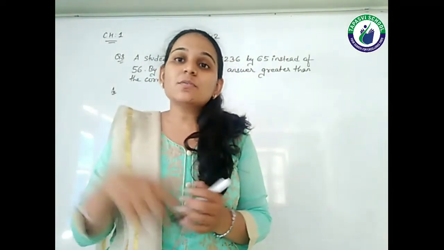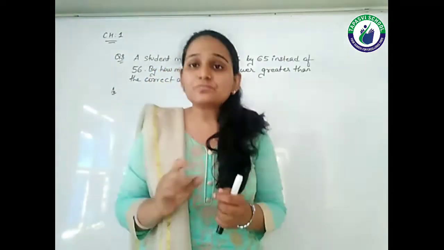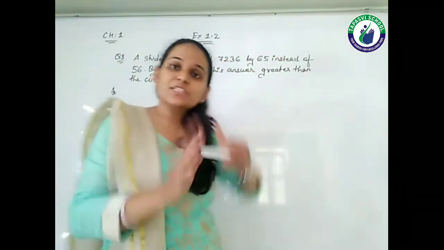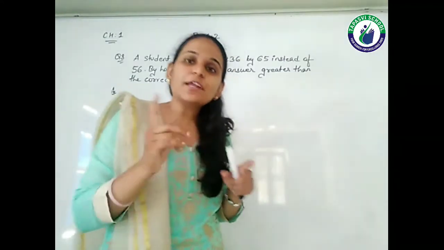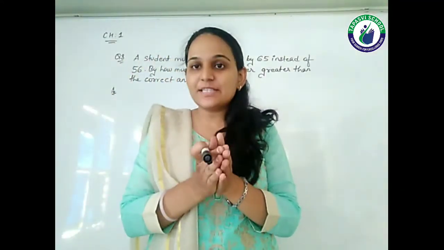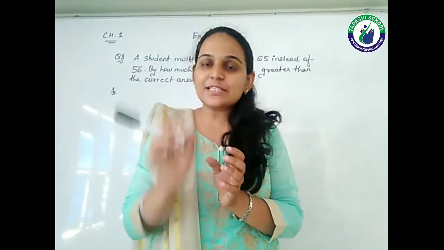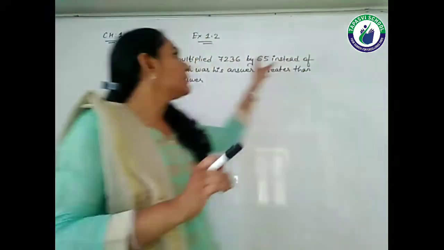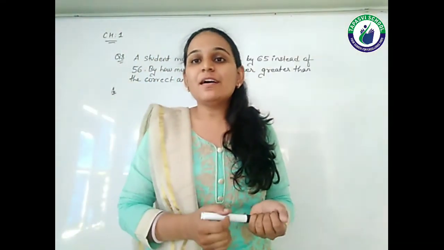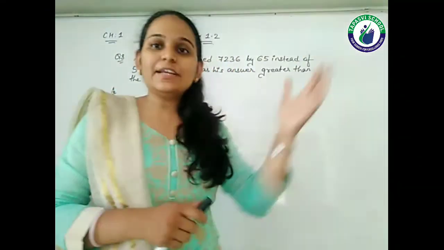But the second way is, this number will be the same whether I multiply it by 65 or by 56. So I can take the difference of 65 and 56. Whatever the difference is, you multiply it with this number, and you will get the actual difference between the products.